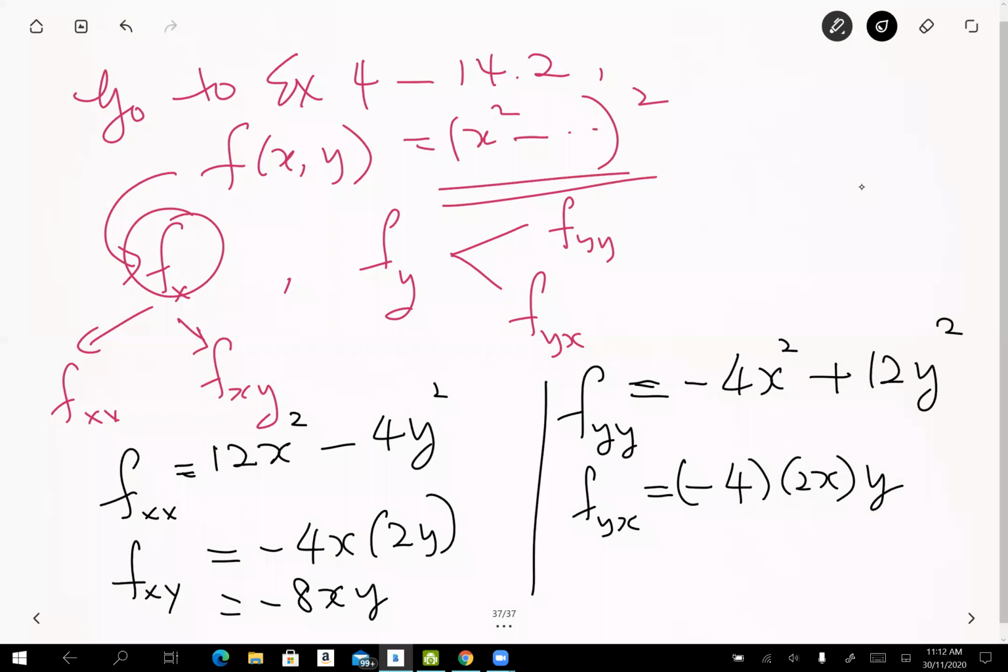Okay, y is a constant. Or you can bring the y together with the 4. And then plus 4y cubed, that's a constant, so 0. That would be equal to -8xy. So as you can see, they are equal. So we are correct. Our derivative is right. So that is the second partial derivative.